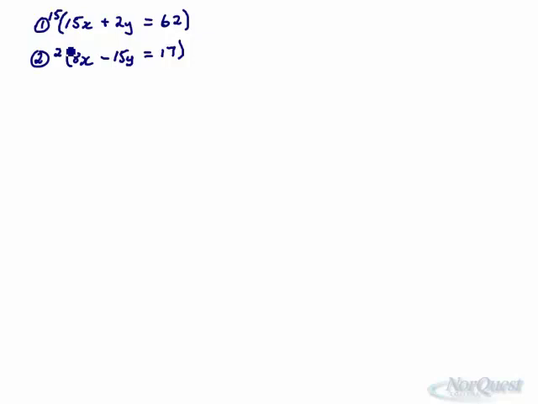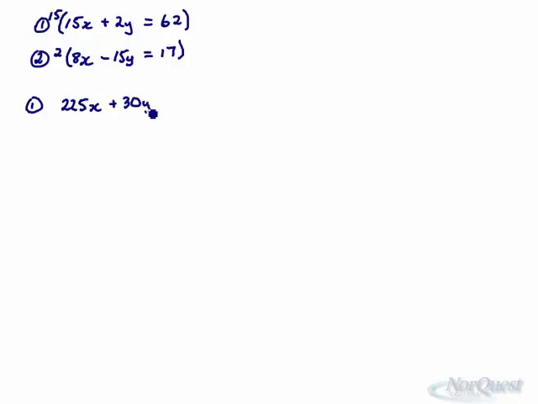So I'm going to make the y's equal to 30 so that I can either add or subtract these equations to eliminate it. I could have worked with the x's, but the number that both 8 and 15 go into is a lot bigger than 30. 15 and 2 both go into 30. So multiply equation 1 by 15. So 15 times 15 gives us 225x. 15 times 2 is 30y.